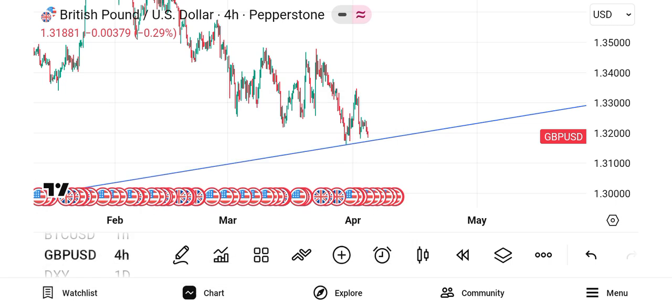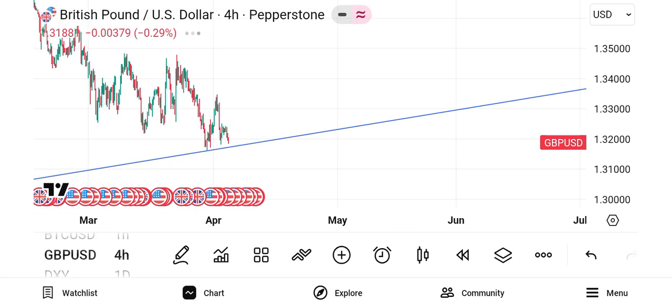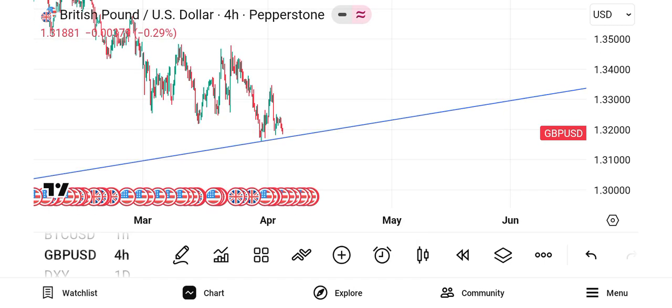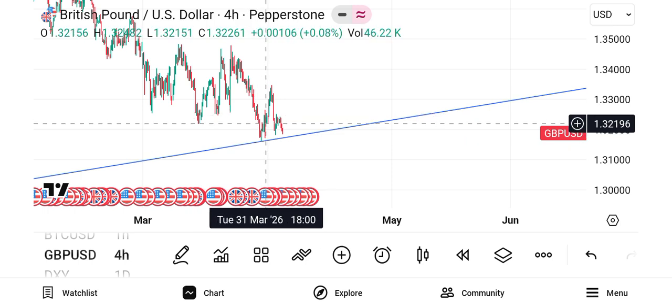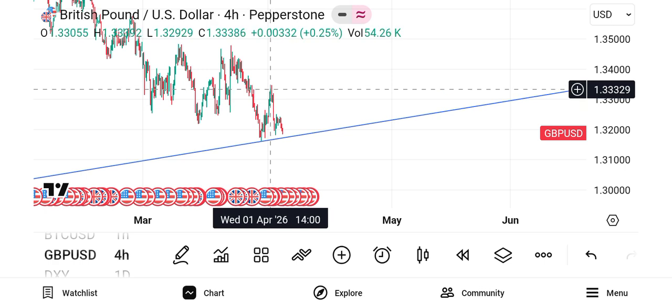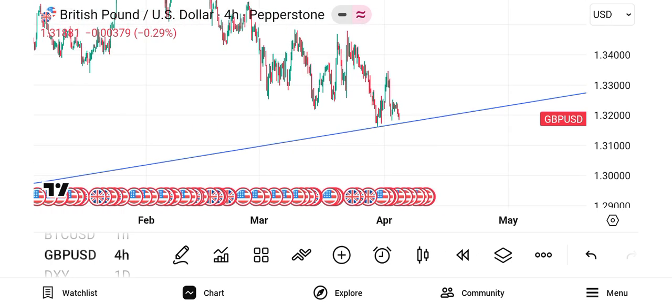You see the price is actually touching the trend line, the trend line bounces, tests, bounces again and moves to the upside. And what you must know is that each touch should show a clear reaction. Each touch must show a clear reaction, meaning that price must respect the line, like what we have here.